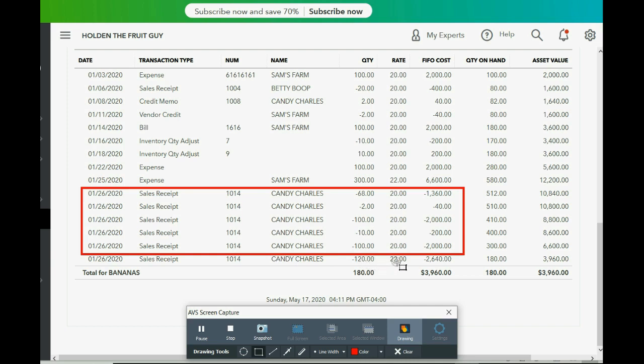So FIFO would be a lot easier to understand if they didn't split it up like this. And to be honest with you, I really don't know, and neither do the tech support people know, why it splits it up like that in the report. But you will only have a transaction listed on several lines, one transaction for several lines, in a transaction where there's more than one purchase cost for the item that you're buying and selling.